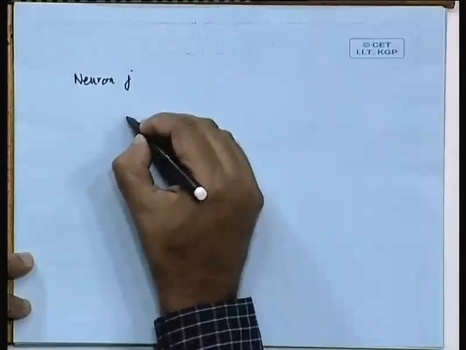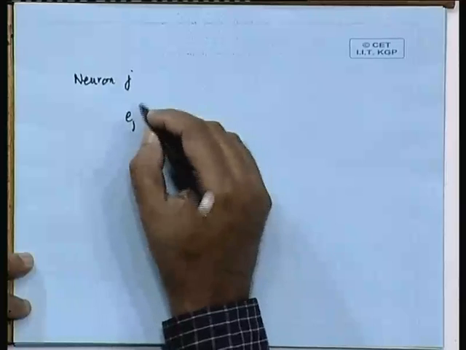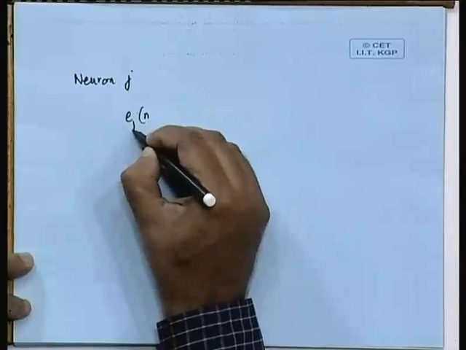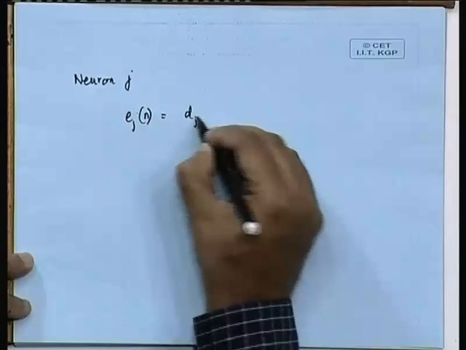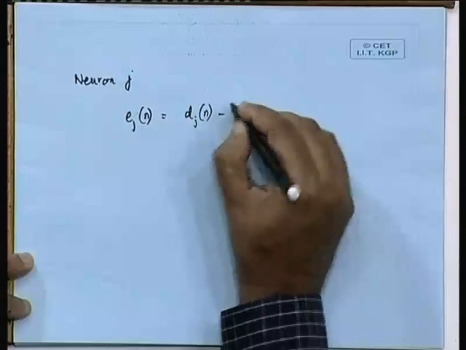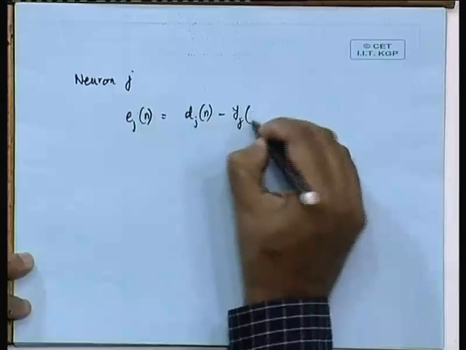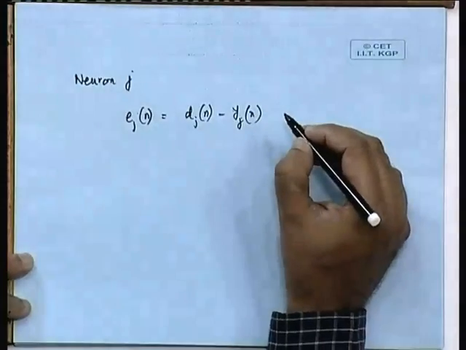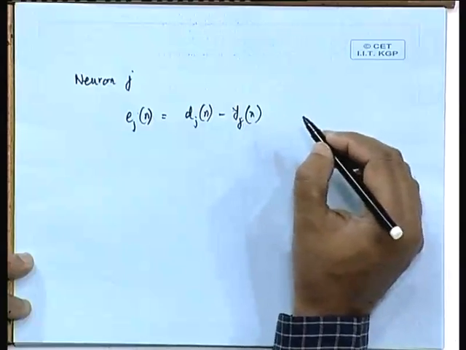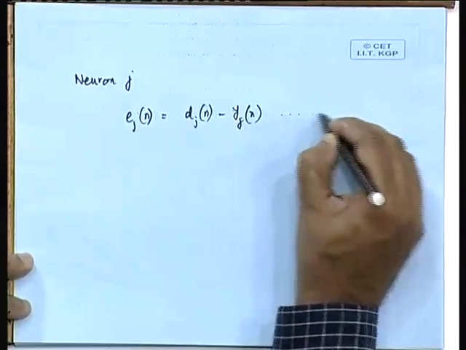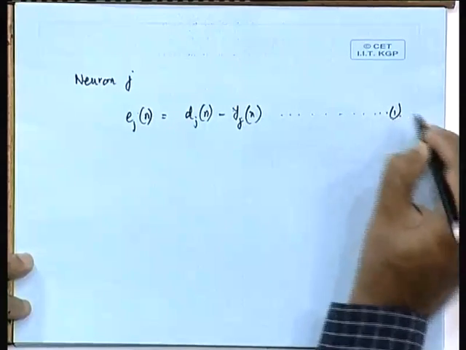So, what we had written down is the error term, that is e_j(n) is equal to d_j(n) minus y_j(n), where d_j(n) is the desired output at the jth neuron, y_j(n) is the actual output, and this let us call equation number 1.